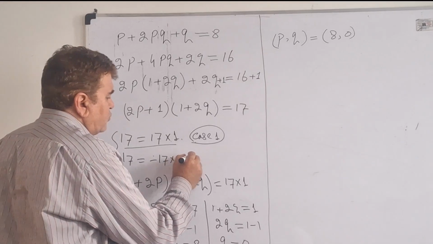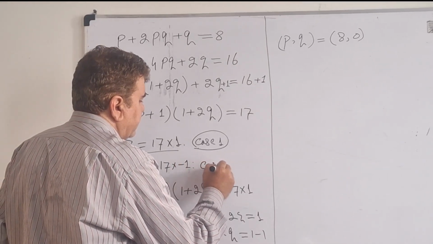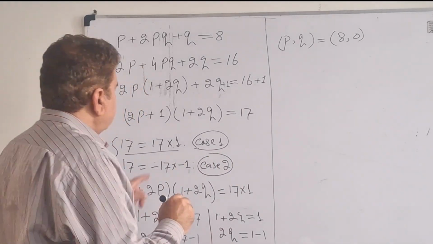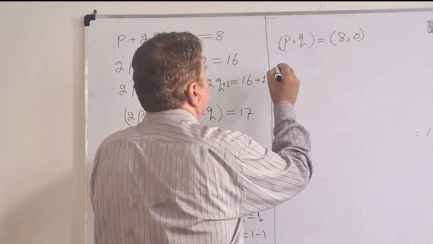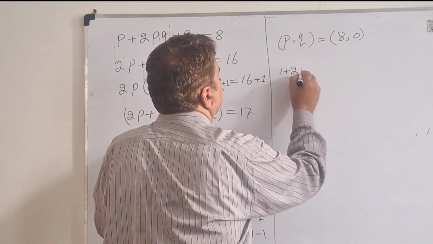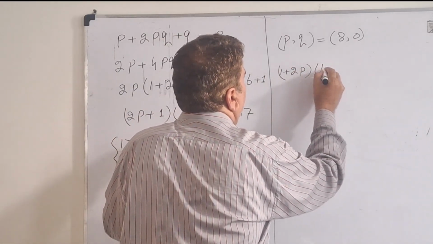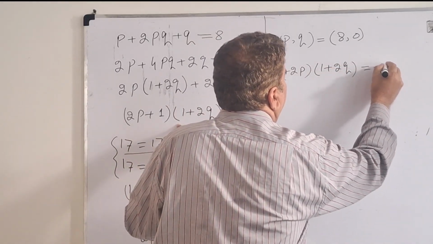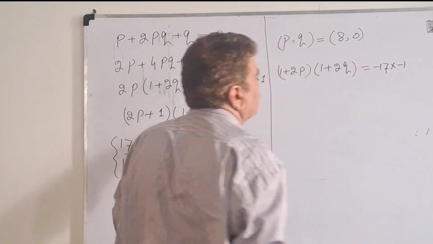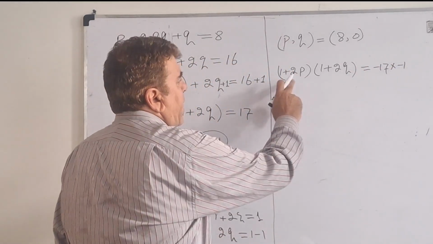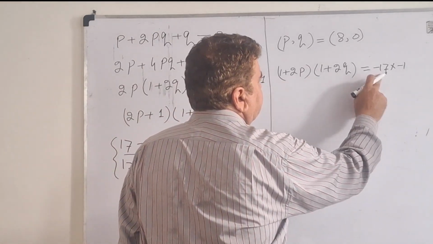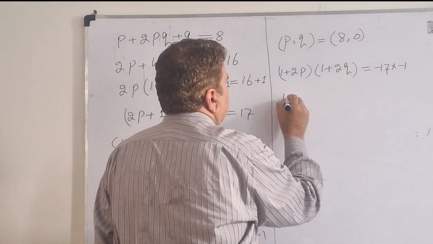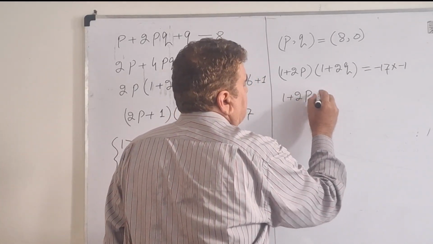And for case 2, what will we have? For case 2, I would write this equation in the form (1 plus 2p) into (1 plus 2q) equals minus 17 times minus 1. So I set 1 plus 2p equals minus 17 and 1 plus 2q equals minus 1, and solve for the two parameters.